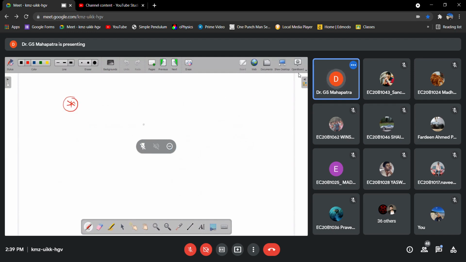Next one. We have already studied the linearity property of the Laplace transform.